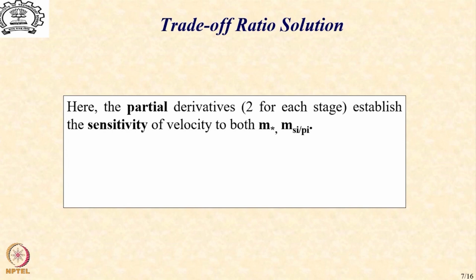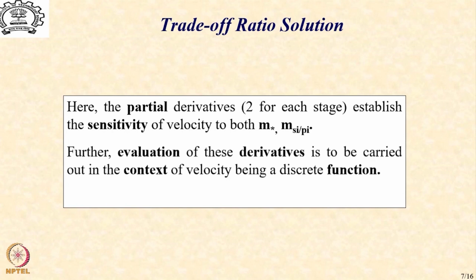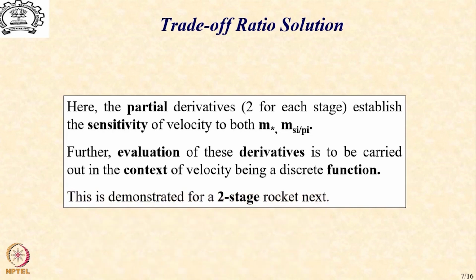And if there are n stages, there are going to be 2n such parameters which will establish the sensitivity of the velocity to both M star and MSI and MPI. And again, let me re-emphasize that the evaluation of these partial derivatives has to be carried out in the context of velocity being a discrete function or a piecewise continuous function of MSI, MPI and M star.